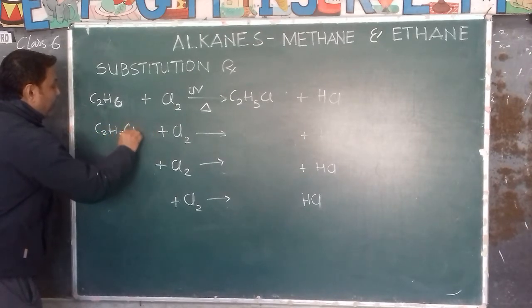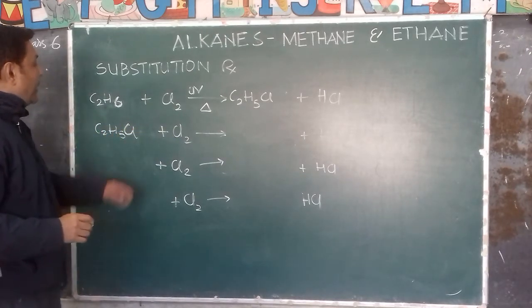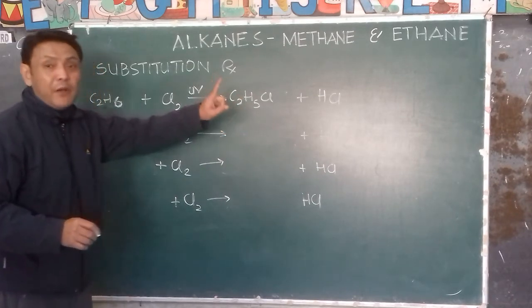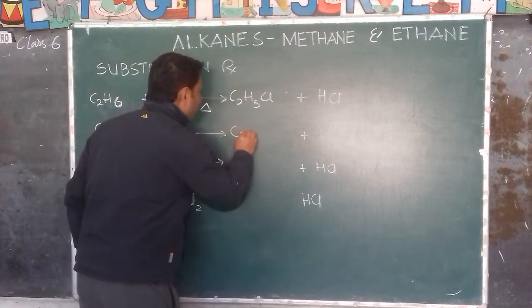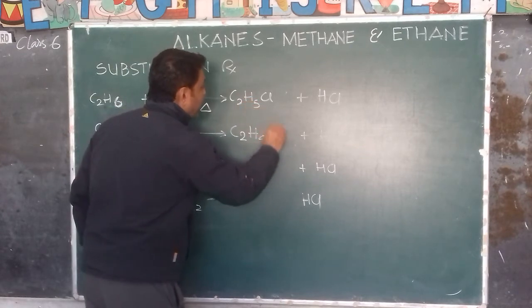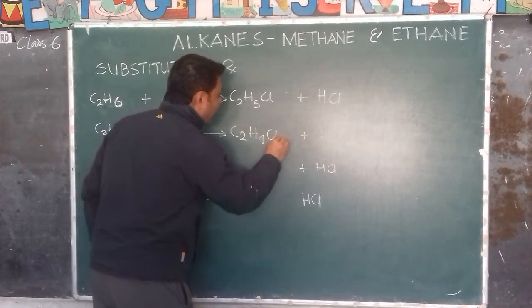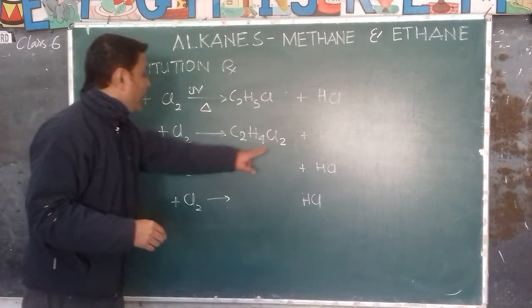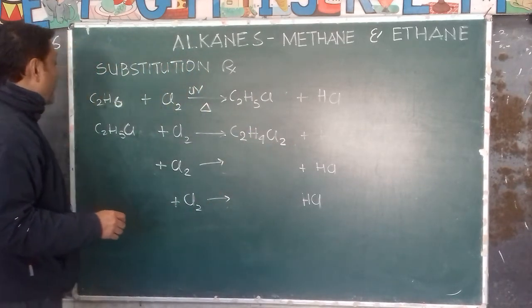Now in this next case, C2H5Cl reacts with chlorine. Again, there is a substitution reaction. Out of 5 hydrogens, one will be replaced, so you get one hydrogen less: C2H4Cl2, one more Cl is added, so we'll get dichloroethane.